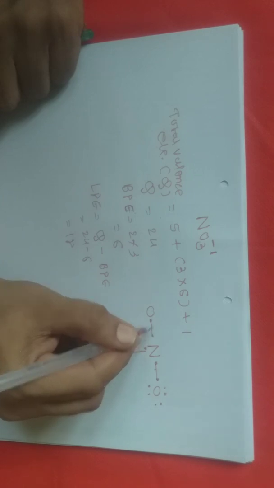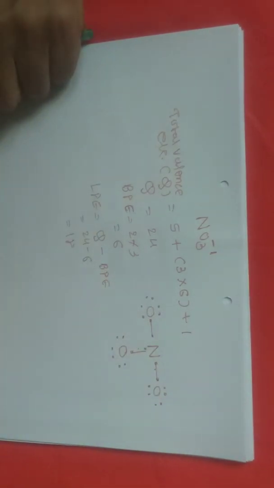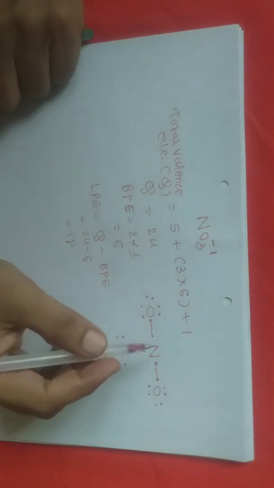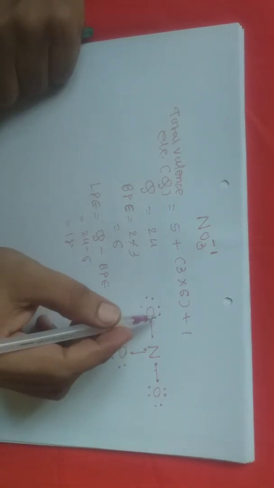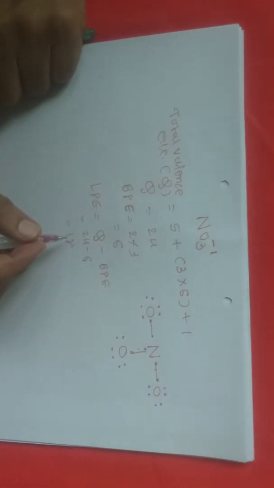Similarly 1, 2, 3, 4, 5, 6, 7, 8. So I have maintained the octet of all corner atoms by using this lone pair electron, because I have 18 lone pair electrons.